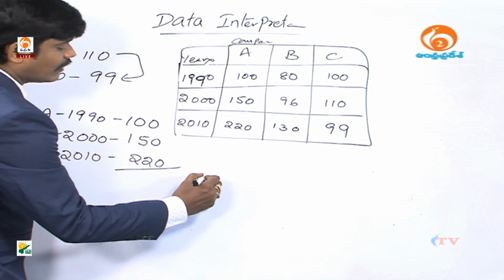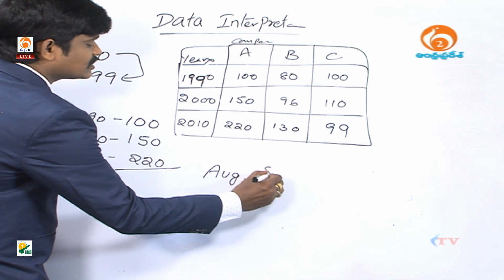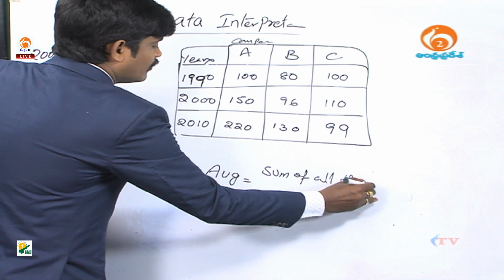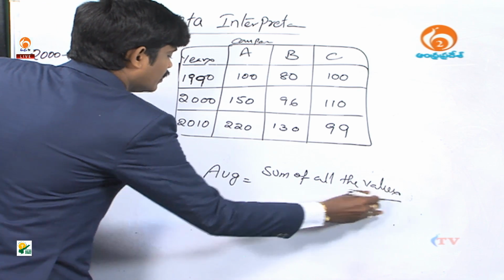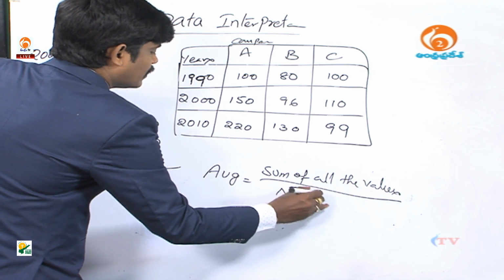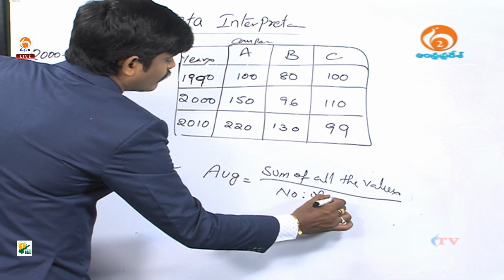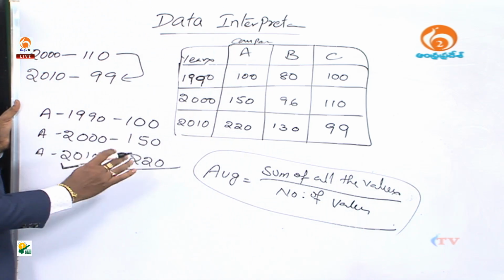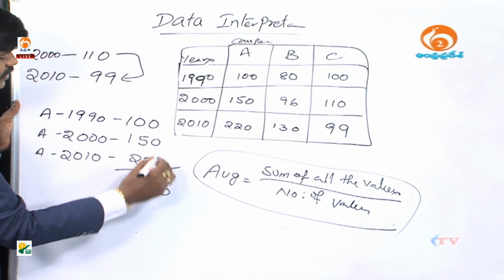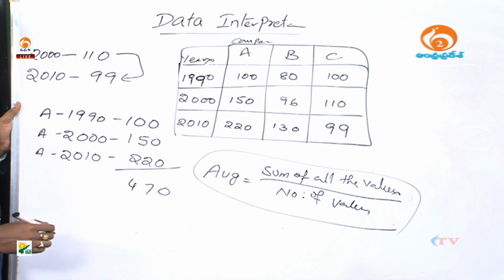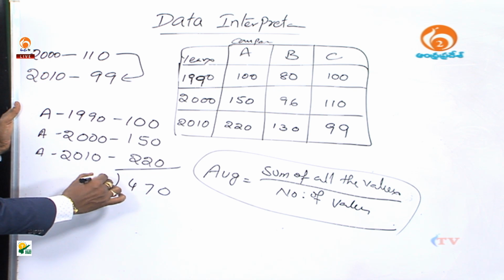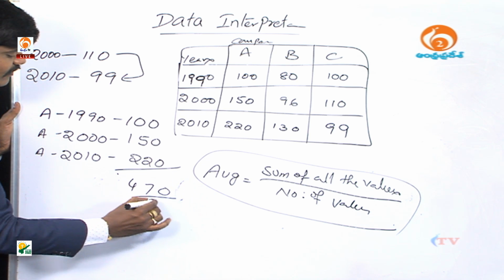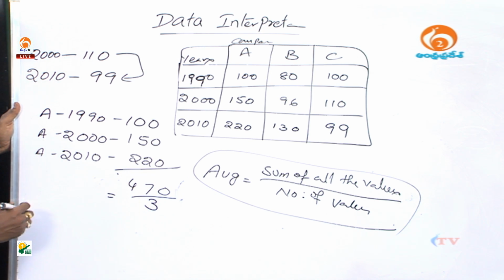The average equals the sum of all the values divided by the number of values. Here they give only 3 values, so the sum is 470. Divided by 3 years, it is 470 by 3.